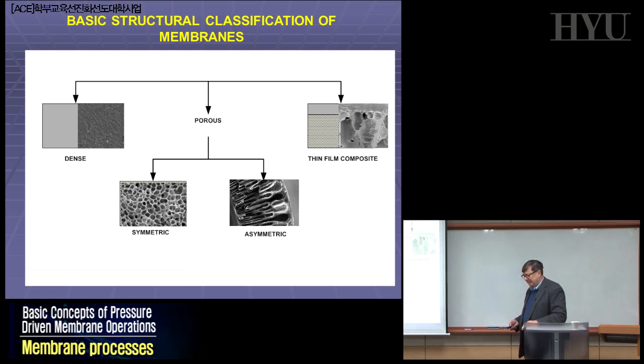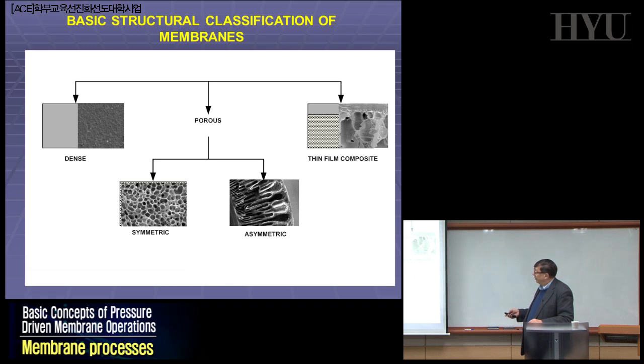And the reason was that people were preparing films with the existing technology at a thickness of 100, 200, 300 microns. It was not possible to make thinner than this. And with this level of thickness, even if you apply a delta P of 50, 80 atmospheres, transmembrane flux was very, very negligible, so of no practical interest.